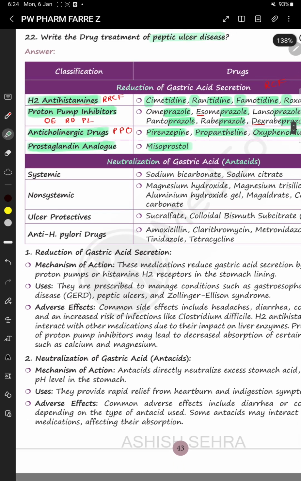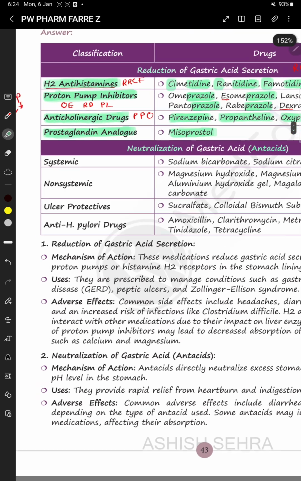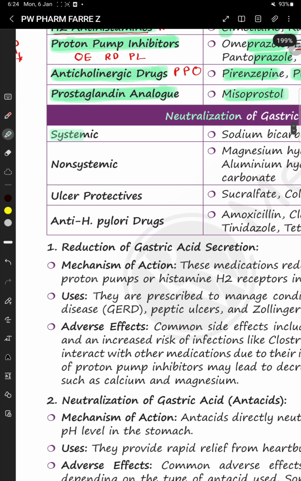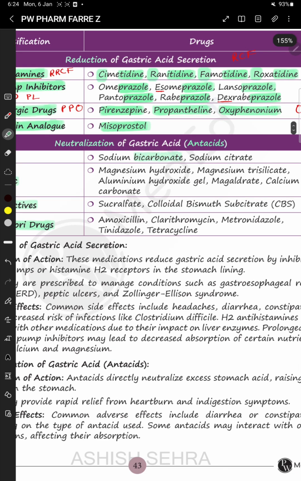Then neutralization of the gastric acid, which are known as antacids. Antacids are further categorized into systemic, non-systemic, ulcer protectives, and anti-H. pylori drugs. Systemic antacids are sodium bicarbonate and sodium citrate, which are sodium salts that act systemically.